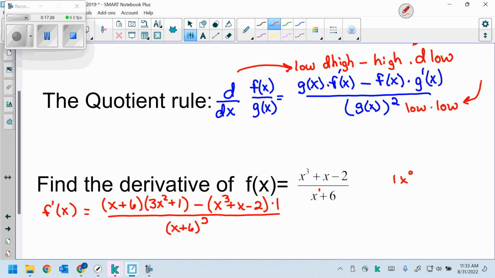Then the question always comes up, do I have to do anything with that? Do I have to simplify this, or can I just leave it like that? You've got to simplify the top, leave the bottom alone.